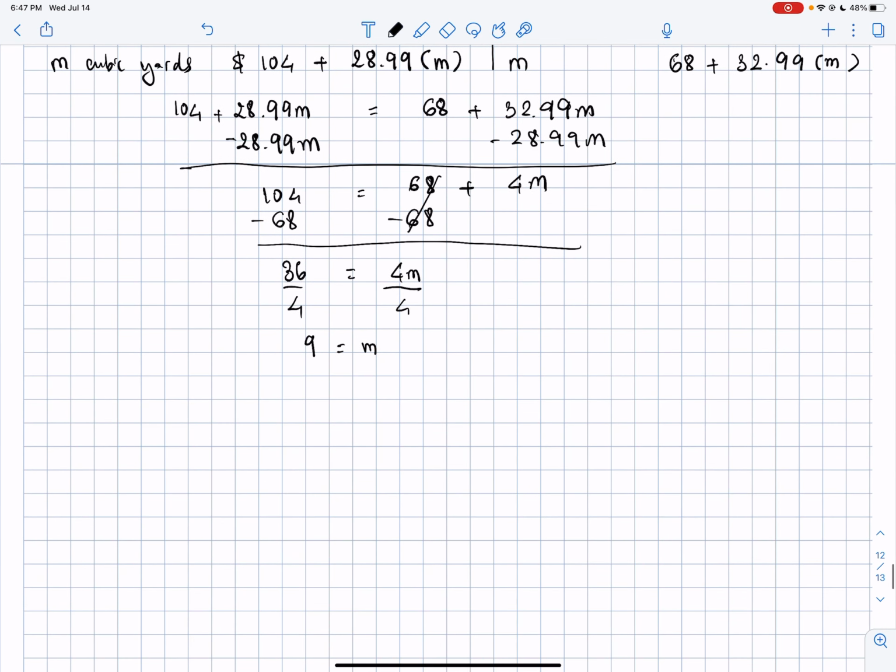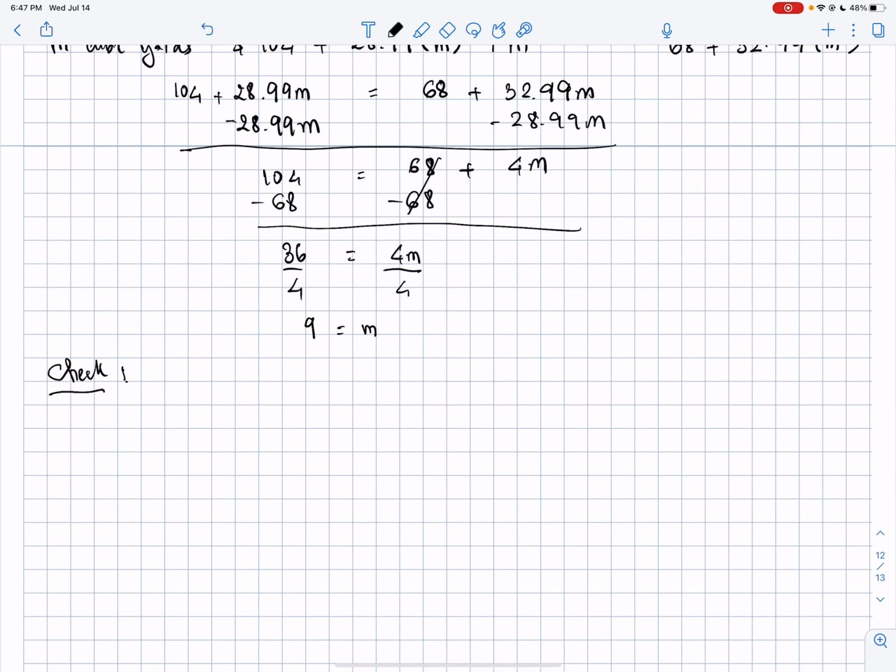Now we will check if there are 9 cubic yards. Then the first company is 104 plus 28.99 times 9. The charge for that company will be $364.91.